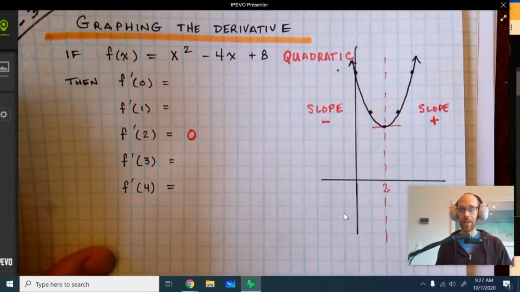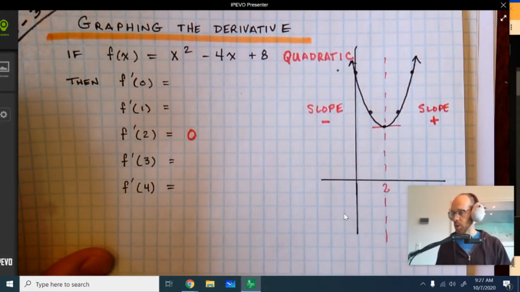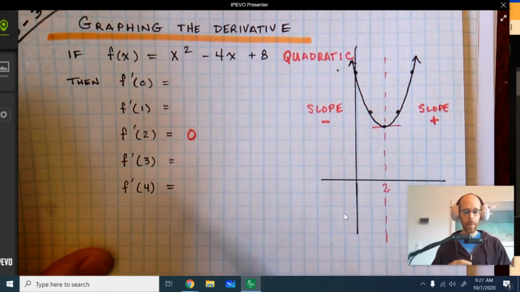So now let's actually calculate one of them. It doesn't really matter which one we pick. Let's say we find the derivative at 3.